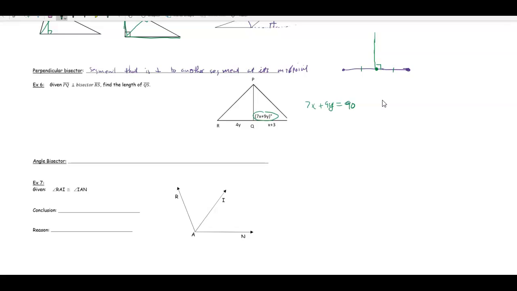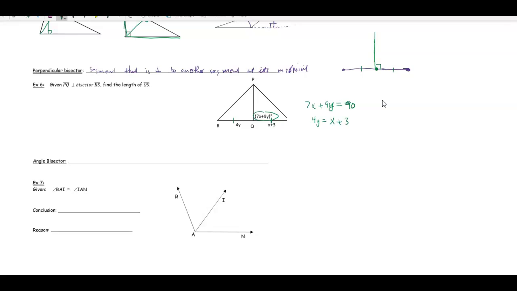The trouble with that is we end up with an equation with 2 variables. So what else can we do then? Well, I also know that if it's a perpendicular bisector, these segments are equal. So I know 4y would equal x plus 3.